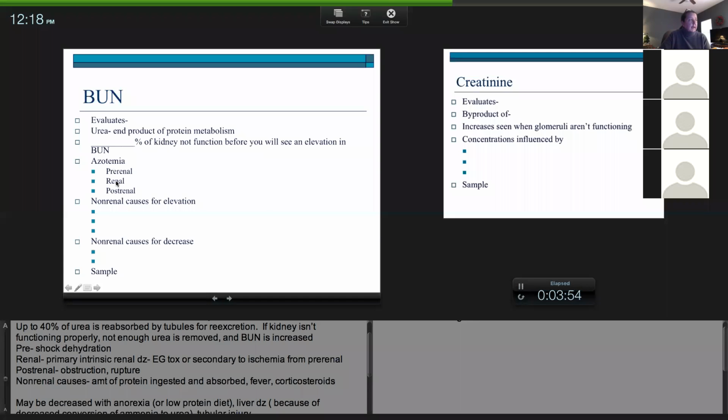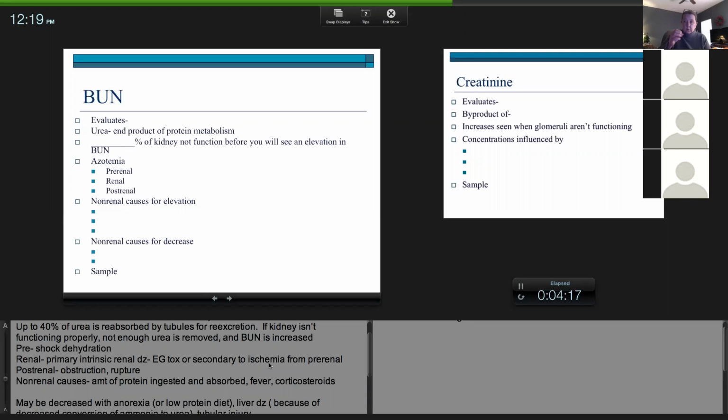Now, when they talk about pre-renal, renal, post-renal, is the azotemia coming before the kidney, within the kidney, after the kidney? That's all that means. And there are some notes under here. If you do have renal reasons, obviously you can have toxicity to the kidney or ischemia.